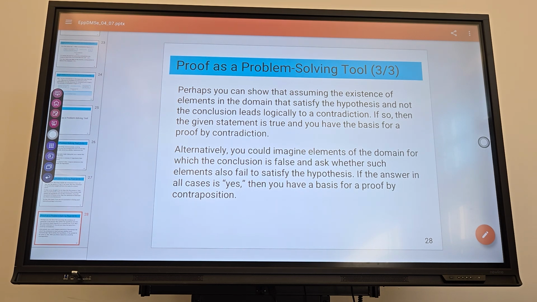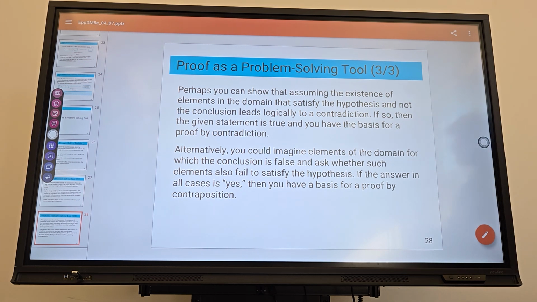Alternatively, you could imagine elements of the domain for which the conclusion is false and ask whether such elements also fail to satisfy the hypothesis. If the answer in all cases is yes, then you have the basis for a proof by contraposition.